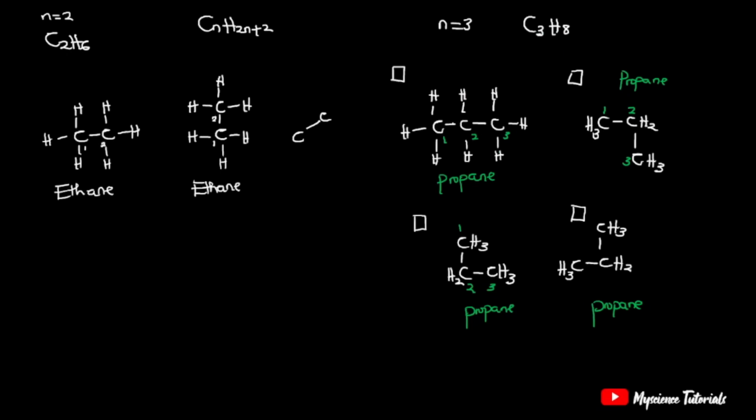In the end, all 3 of the carbon atoms will be directly connected to each other in one way or the other. So in the end, there is only one possible isomer for a C3H8 alkane. That only possible isomer is what we call propane.